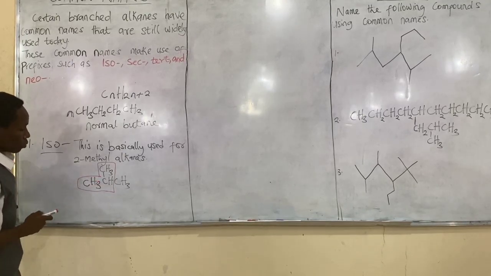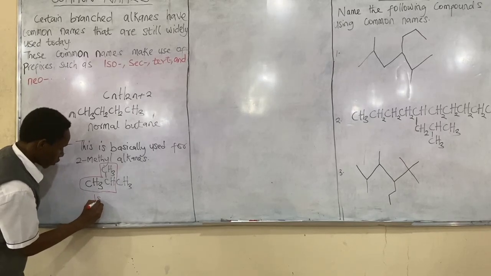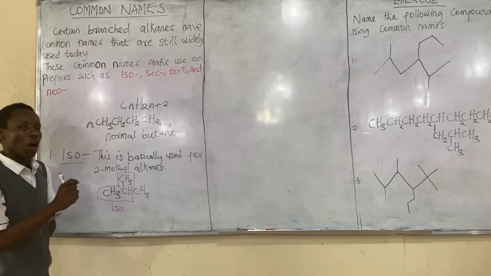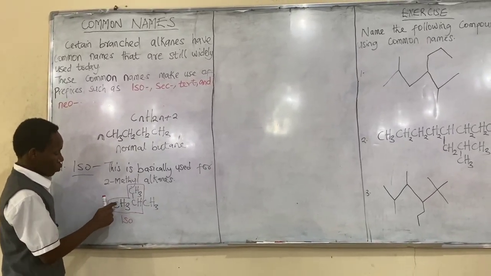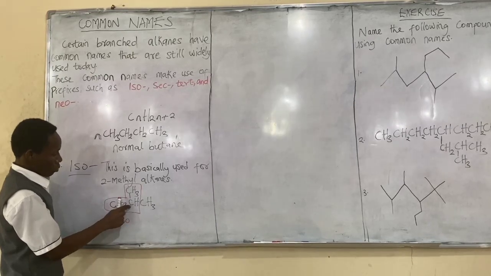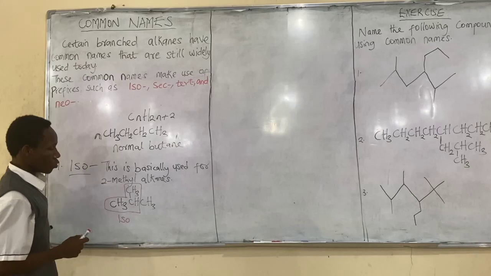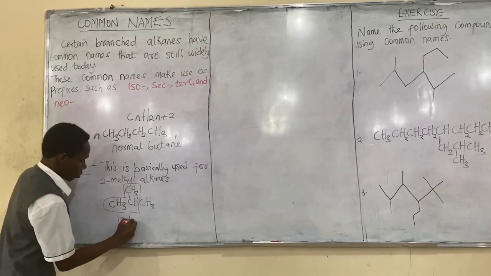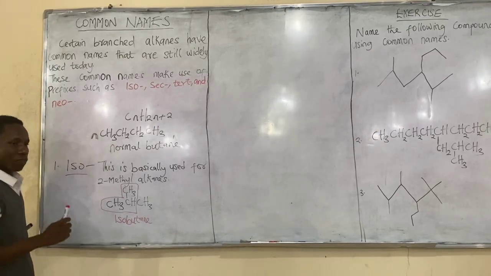So how do we name this compound using common name? Because we know this is iso, we first of all bring out our iso. After bringing out iso, then you count the number of carbons in this particular structure. We have carbon 1, carbon 2, carbon 3, and carbon 4. 4 carbons stands for butane. So we have isobutane. Very simple.